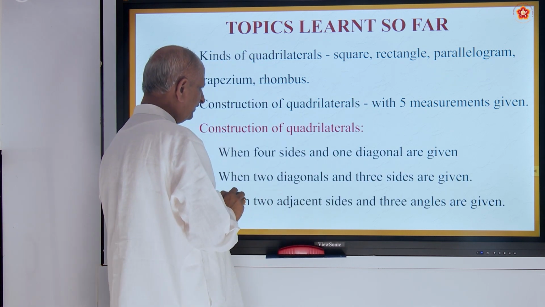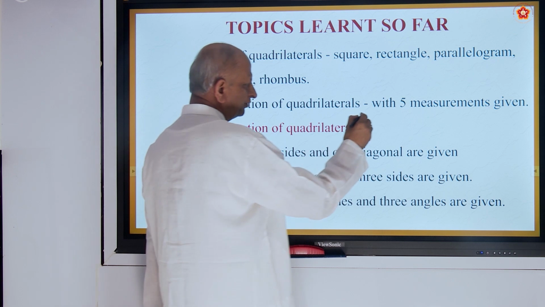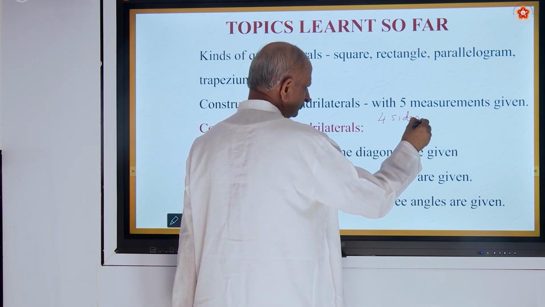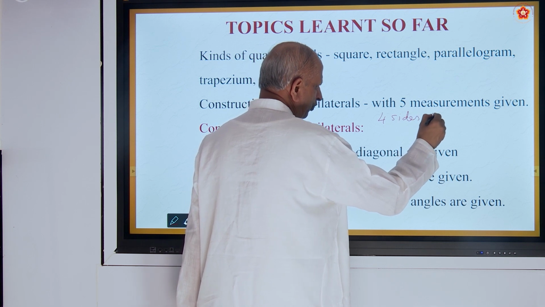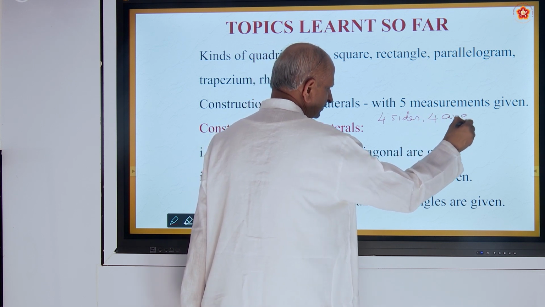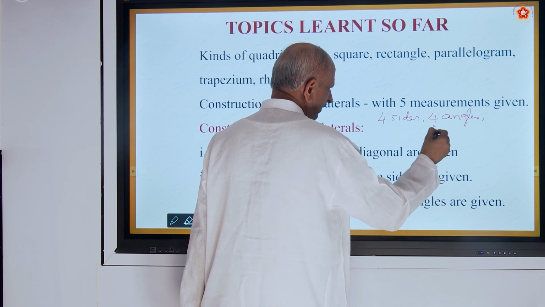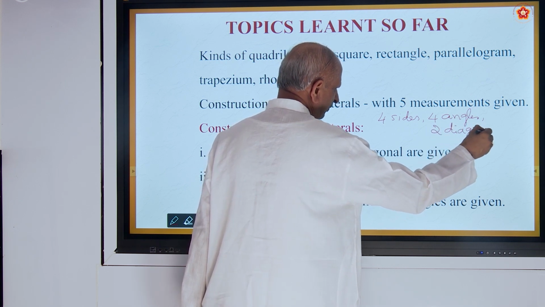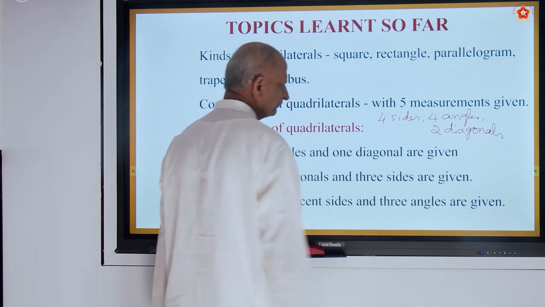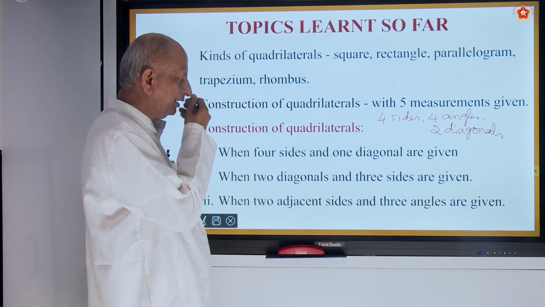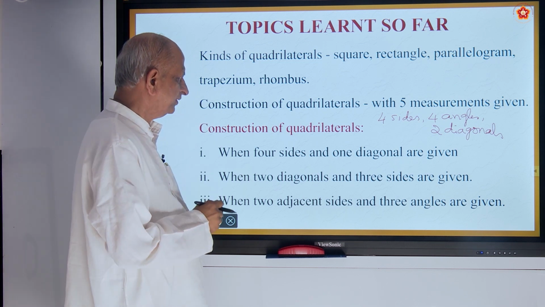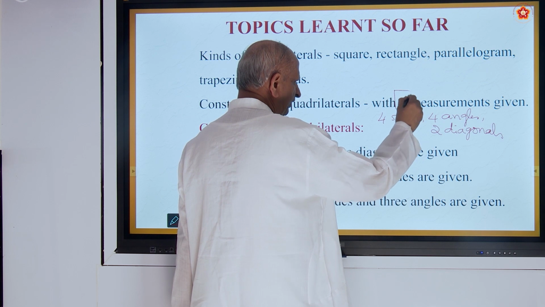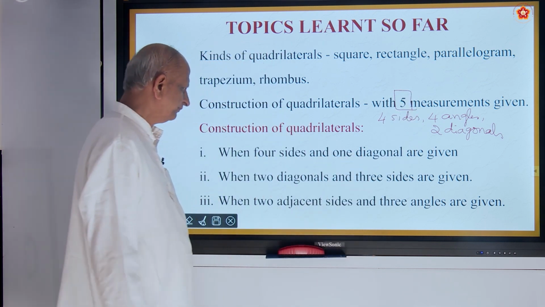What are the 10 measurements? 4 sides and 4 angles and 2 diagonals. These are called elements of a quadrilateral, and out of which, if any 5 is given, we can construct a quadrilateral.